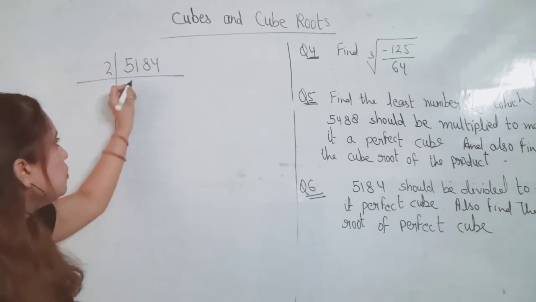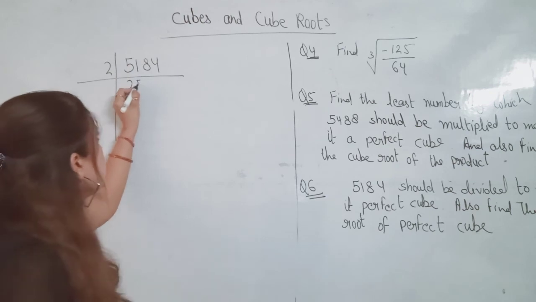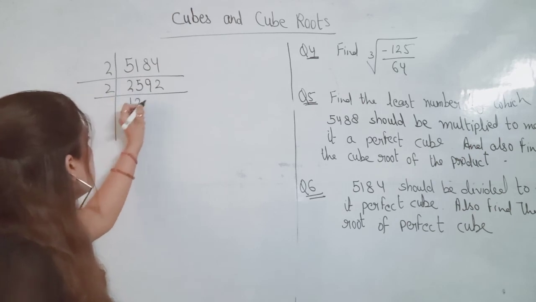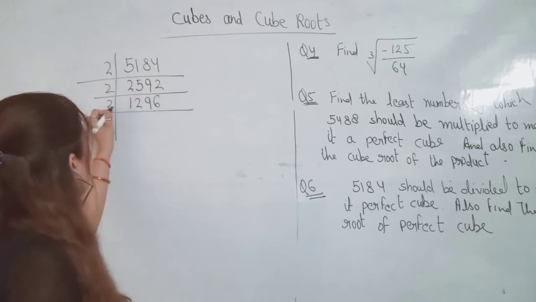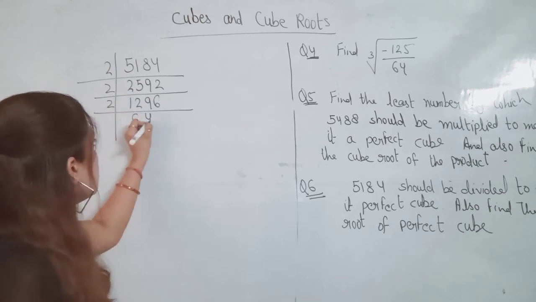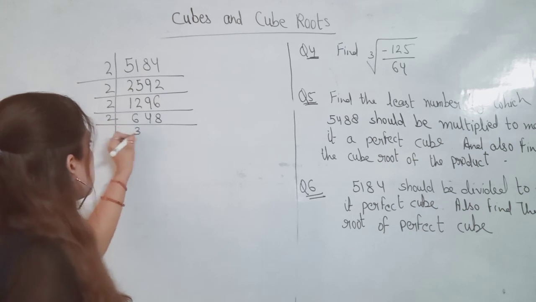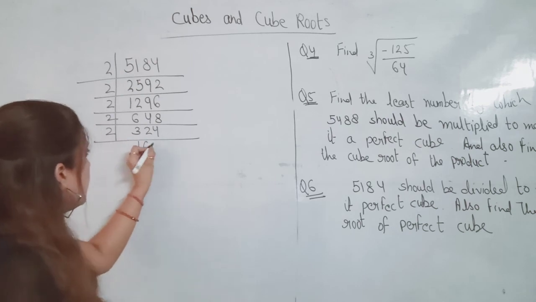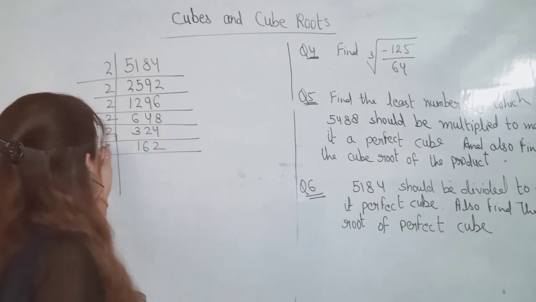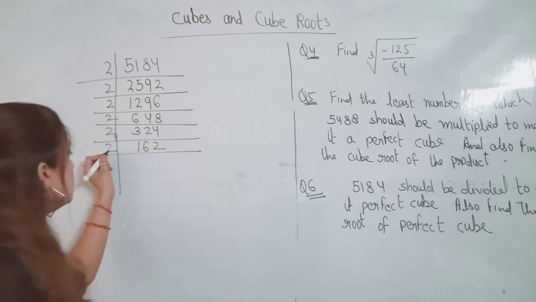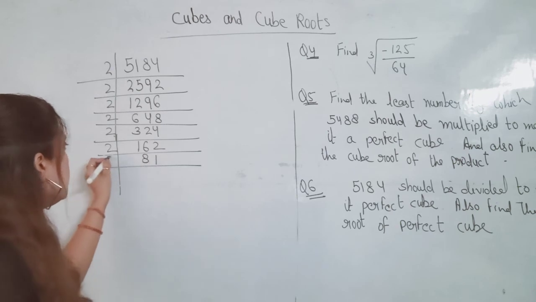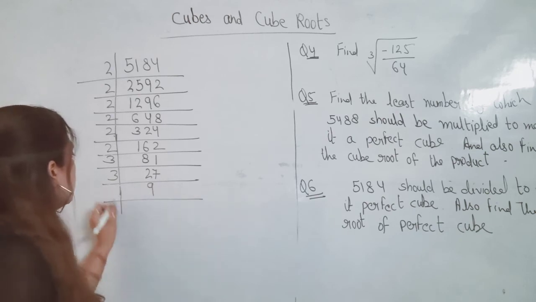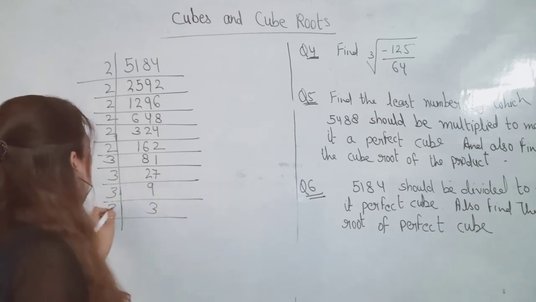It will go by 2. 2 twos are 4, 2 fives are 10, 2 nines are 18, 2 twos... Again 2, 2 ones, 2 twos, 2 nines, 2 sixes are 12, 2 fours are 8, 2 threes are 6, 2 twos are 4, 2 ones are 2, and 2 twos. Now 2 eights are 16, 2 fours, 2 ones, 81, 3 twenty-sevens, then 3 nines, 3 threes, and 3 ones.